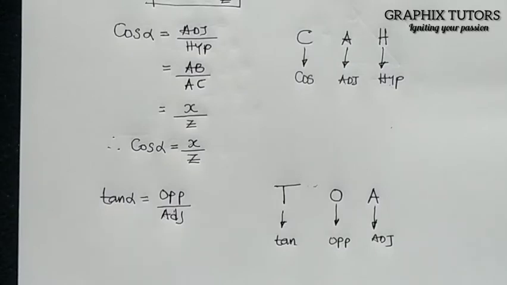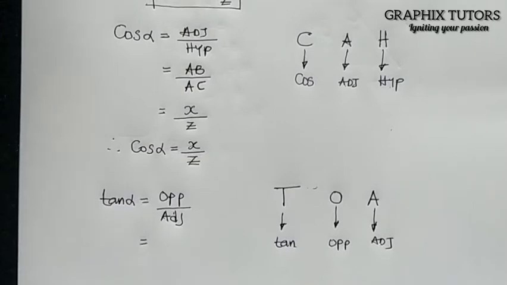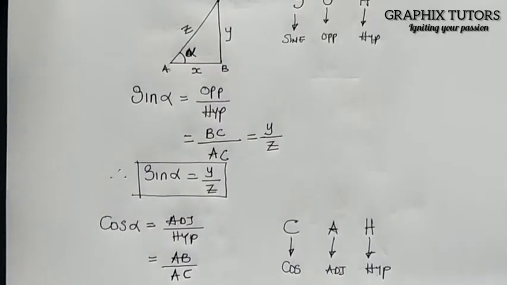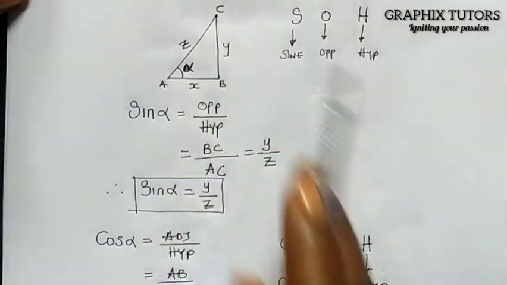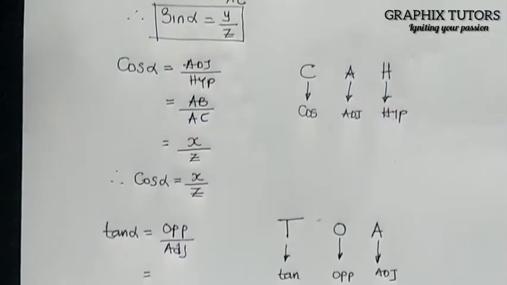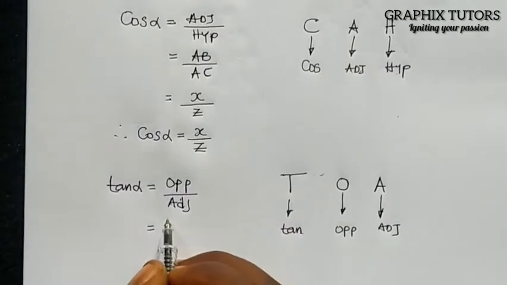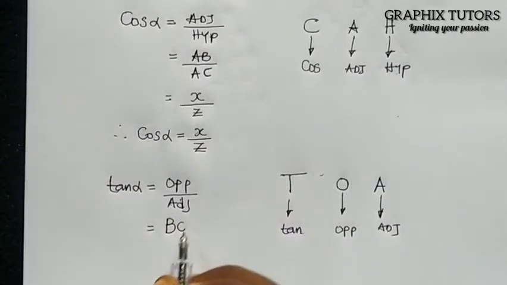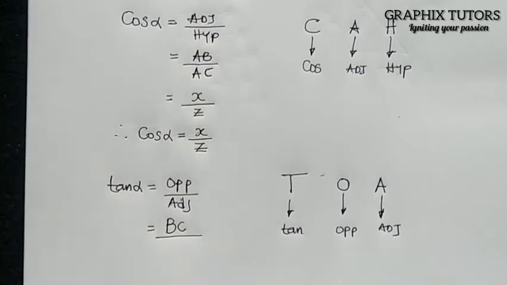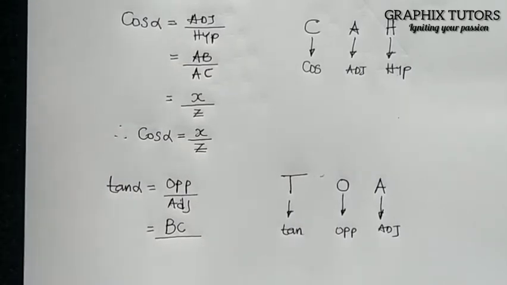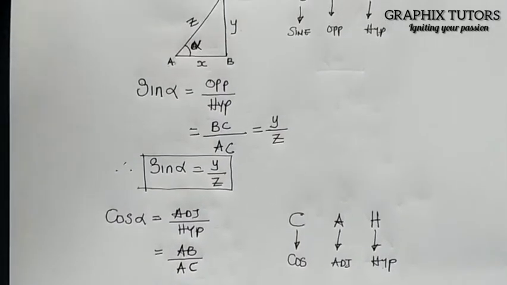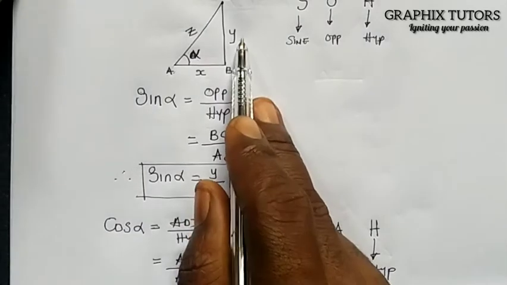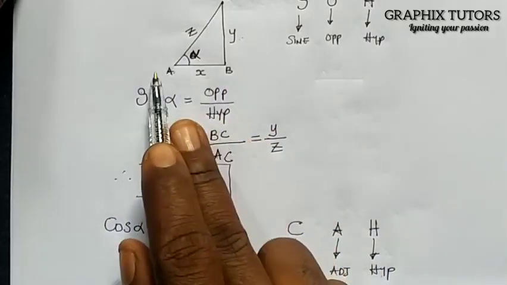Right? Opposite over adjacent. Now, what is the opposite? Like we said earlier, opposite should be the side the angle is facing, which is what? BC. So we have BC all over adjacent, which is giving us AC, right? But we have our adjacent. If here is opposite and here is hypotenuse, here is adjacent, and that is what?